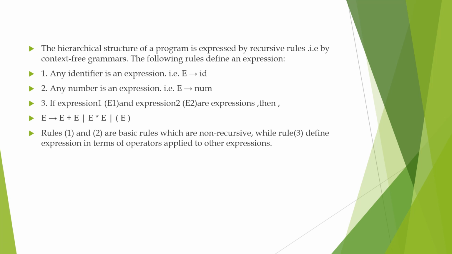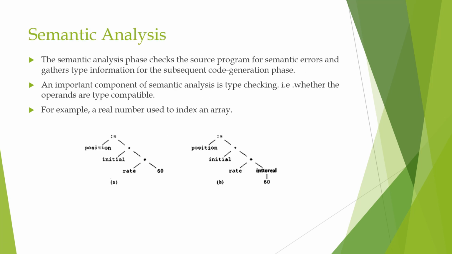If expression 1, E1, and expression 2, E2, are expressions, then we can form an expression like this. So rules 1 and 2 are basic rules which are non-recursive, while rule 3 defines expression in terms of an operator applied to other expressions.